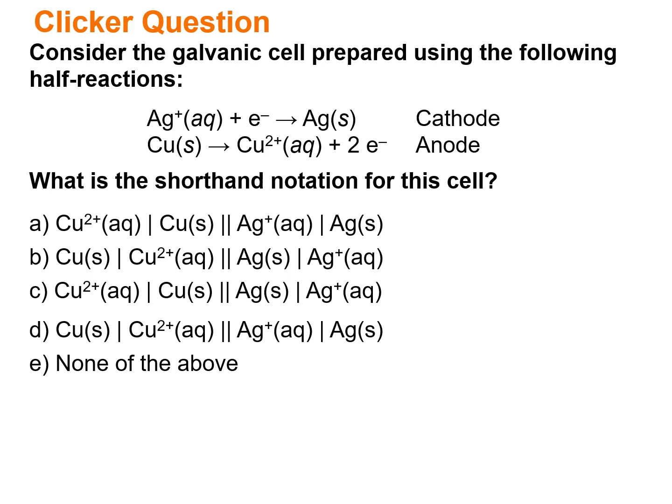And these things should be separated by 1 line. There should be a double bar in between the oxidation and the reduction, which is going to give us silver plus aqueous to go to silver solid, and so those should be separated by a single line too, and that should be on the right hand side. The one that agrees with that for the shorthand notation for the cell is D, so that's what we should expect.